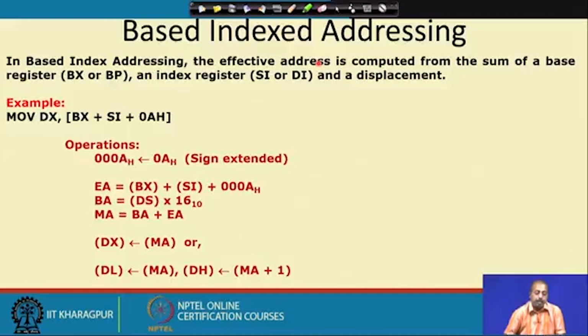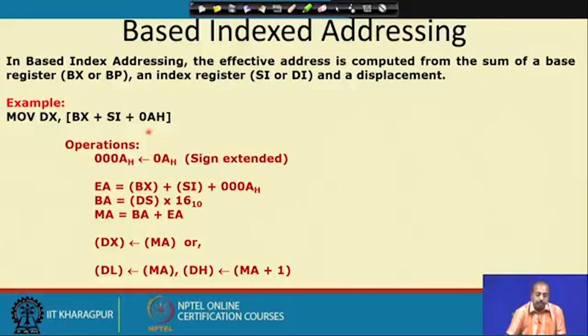For that purpose we can use this type of double indexing, double indirect addressing. The effective address is computed as the sum of the base register and index register. The base register is BX or BP and the index register is SI or DI.